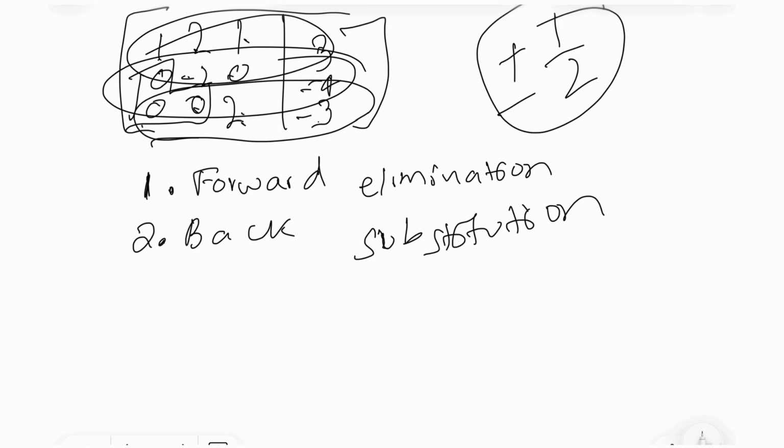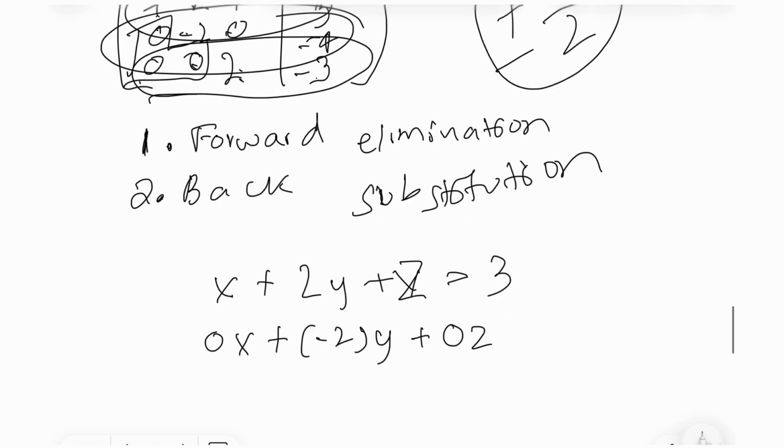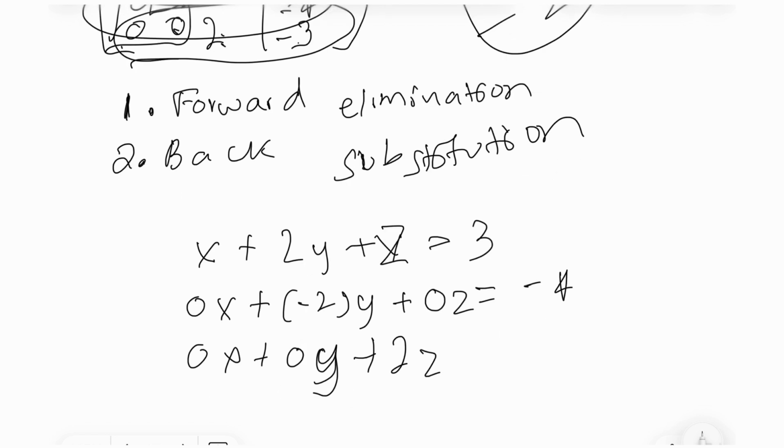So we've transformed our equation into this. x plus 2y plus z is equal to 3. 0x plus minus 2y plus 0z. That's a z. Is equal to minus 4. 0x plus 0y plus 2z is equal to minus 3.